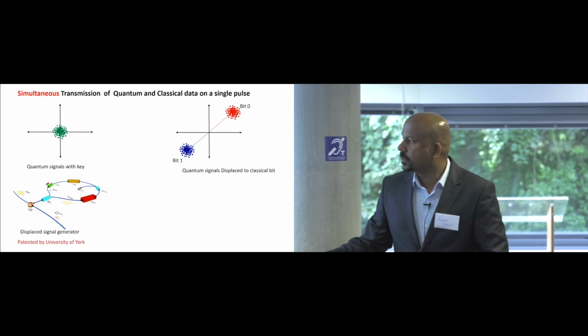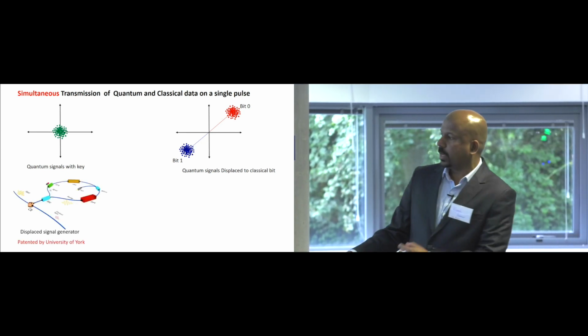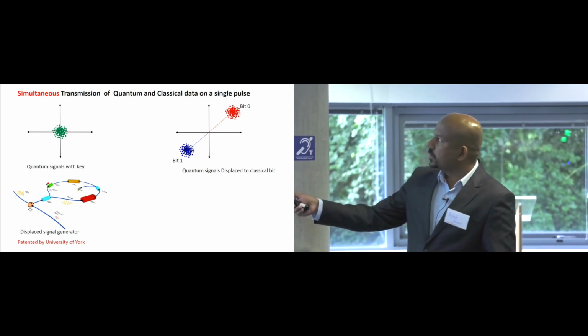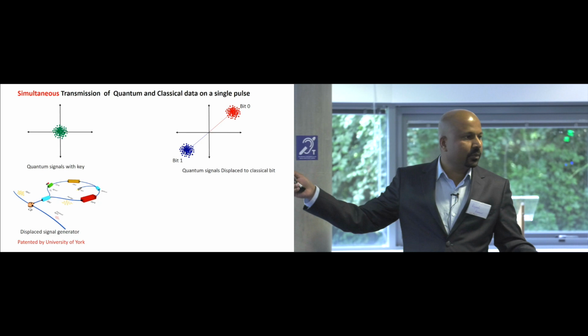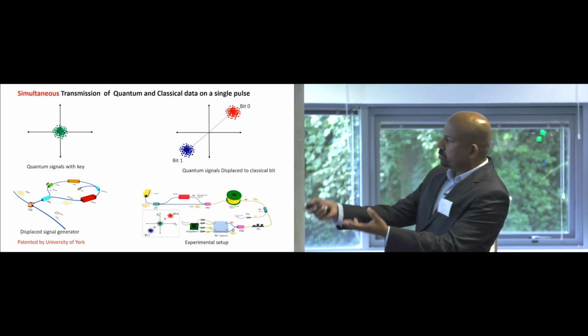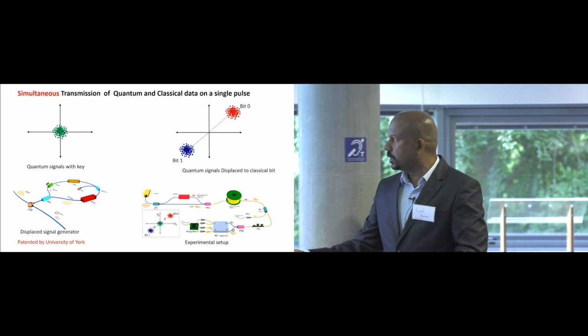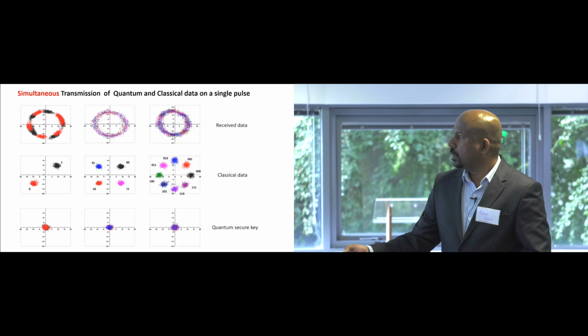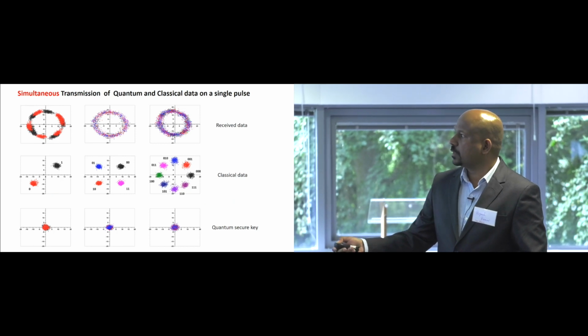We have invented this system, and it has been patented by the university. This system can generate this kind of displaced quantum state with classical and quantum data on it. I used this experimental setup to demonstrate this work, and then we got this result. You can see different classical data formats there.